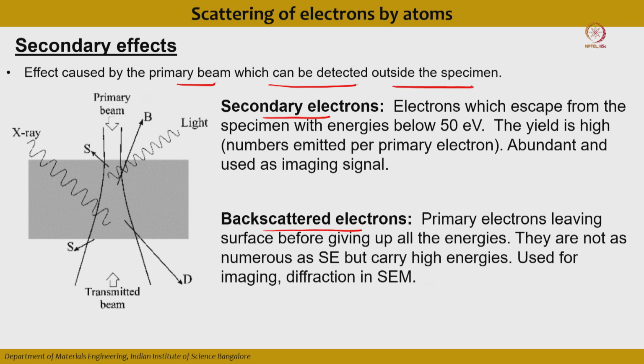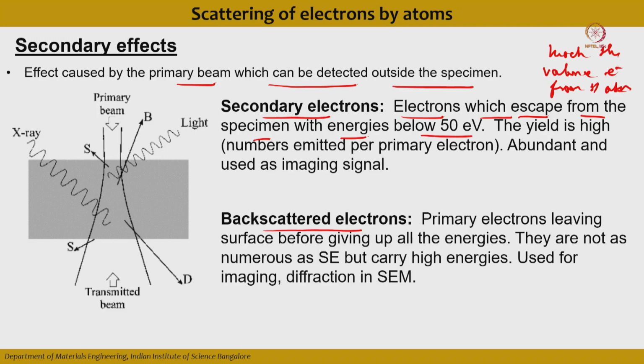When the electrons hit the sample, what will happen? They knock out the valence electrons of the surface atoms. These electrons will escape from the specimen with energies below 50 electron volts.